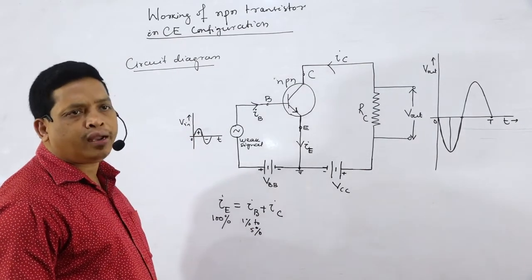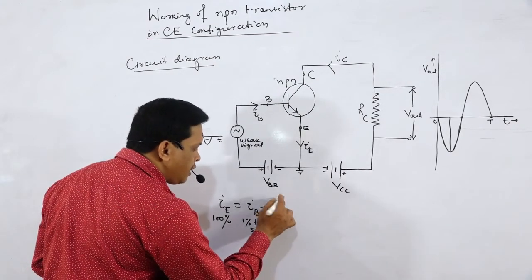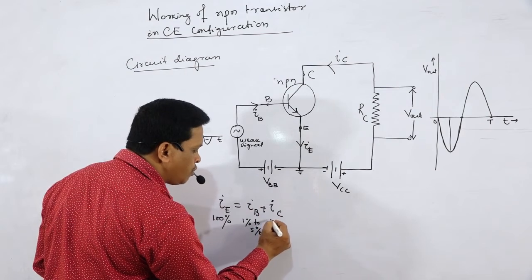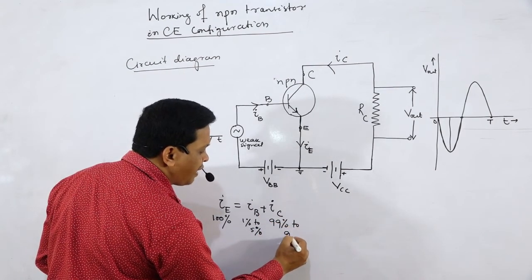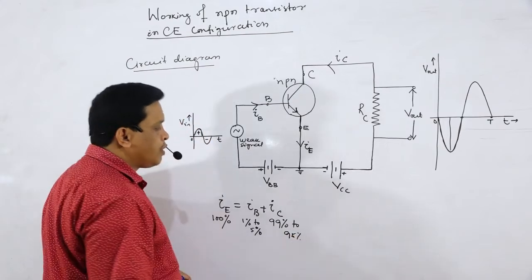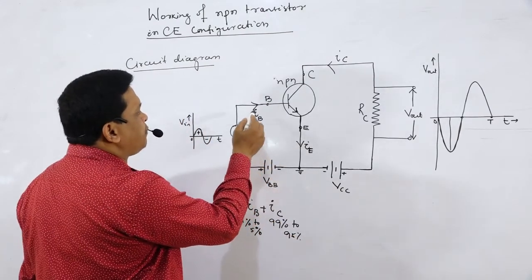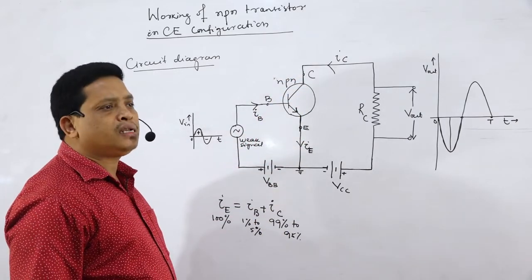Therefore base current is very small, and the collector current is very close to emitter current, ranging from about 99% to 95%. Okay, so here the input current is base current and output current is collector current.